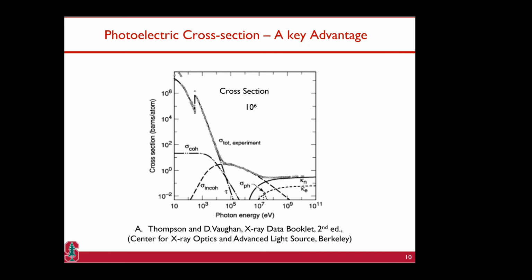The second is that the electron is a charged particle, so unlike with photons, you can manipulate its energy without contact, just by adding an electric field. That makes it very efficient.